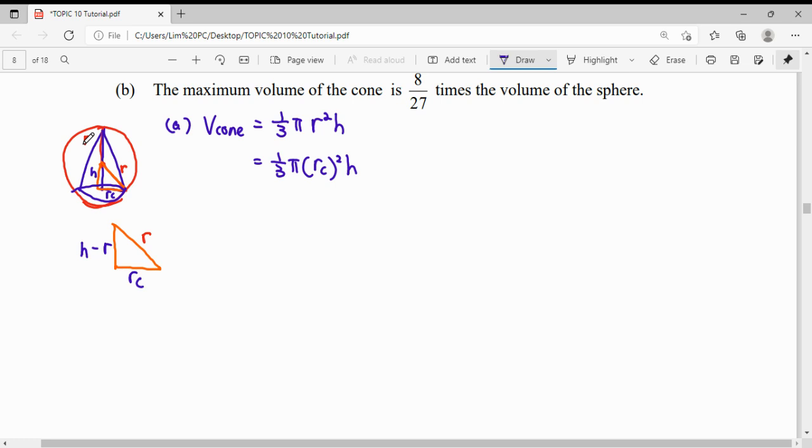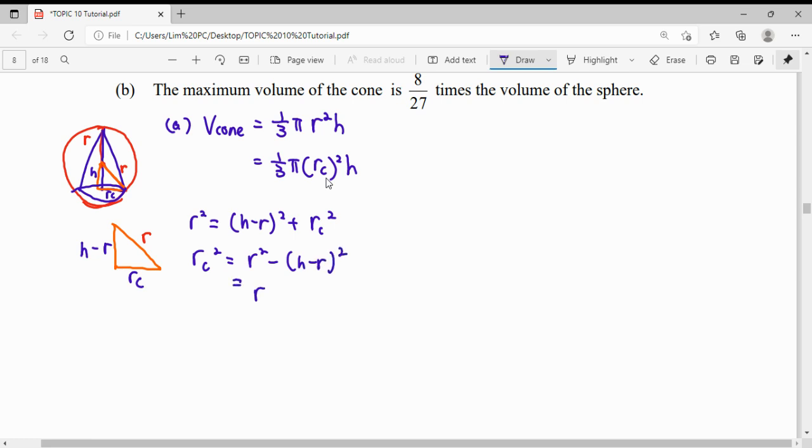From this triangle, we can build the Pythagorean theorem, where r squared equals h minus r squared plus rc squared. What we want to find here is rc squared, so rc squared equals r squared minus h minus r squared.